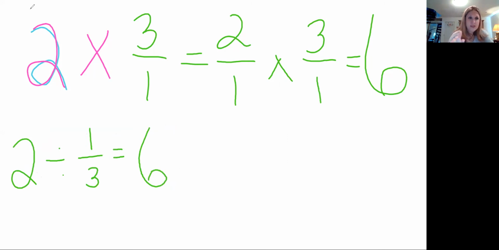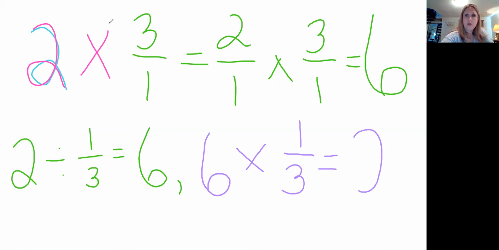So because 2 divided by 1/3 equals 6, then if that's true, multiplication says that 6 times 1/3 equals 2.